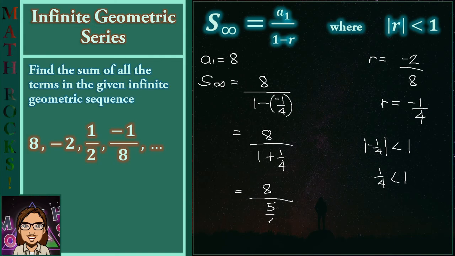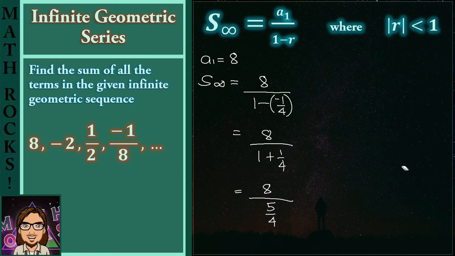So again, how did we get the value of 5/4? Let us do some scratch work here, just to remind you of the process. So we have 1 plus 1/4. The LCD of the denominators of the invisible 1 right here and the 4 is actually 4.